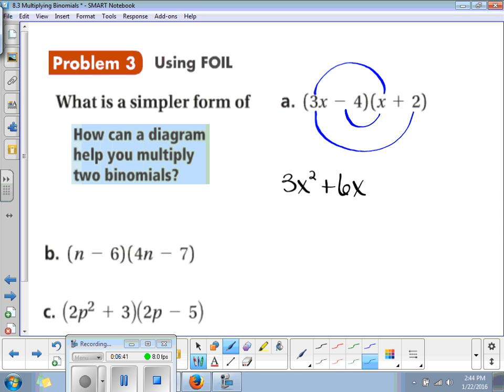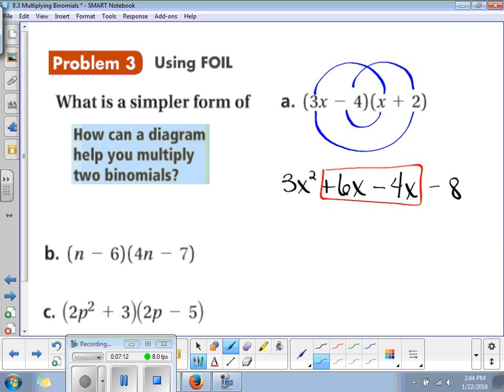Then we have the inners. That's negative 4 times x, which gives me negative 4x. And we have our last: negative 4 times positive 2 is negative 8. Then you combine like terms.